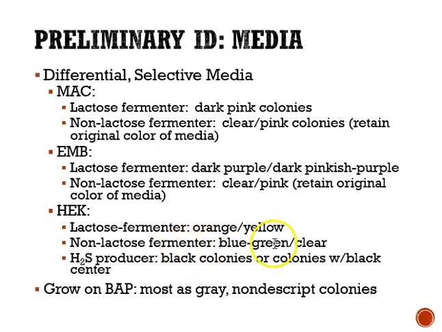Non-lactose fermenters will not change the color of the media, so they will remain that original color of the media, which is kind of a blue-green. And then organisms that are capable of producing hydrogen sulfide, you'll see black colonies or black dots in the center of the colony. And then again, on your blood agar plate, kind of nondescript colonies, most of them are going to look the same.